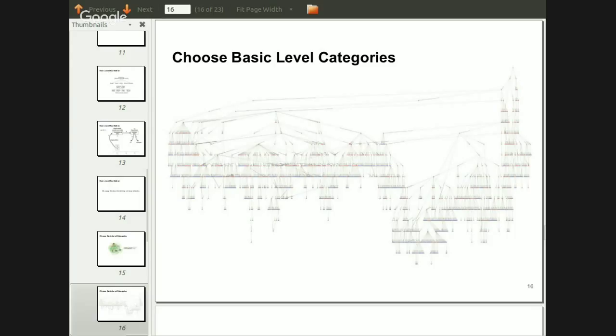Basically, I cannot automatically get the basic level categories from this network, so I have to use Amazon Mechanical Turk to help me.